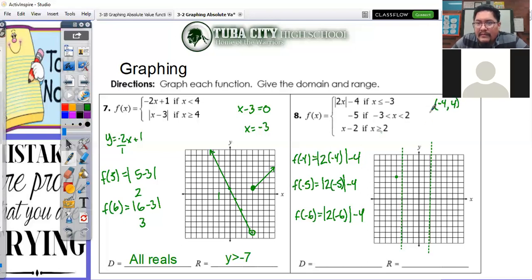And then the next one here would be -5. So if I input -5, what do I get out? -5 and 2, multiply them together, you get -10. Take the absolute value of that, you get +10. 10 minus 4 would be 6. So back 5, up 6.